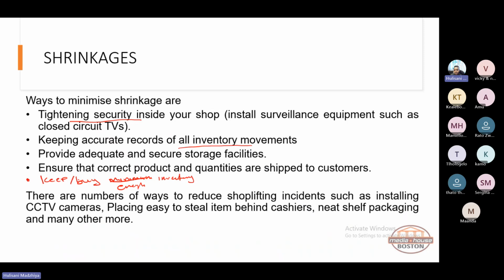So here it says that there are a number of ways to reduce shoplifting incidents, such as installing CCTV cameras, placing easy to steal items behind cages, neat shelf packaging, and many others, including buying just enough inventory and putting those, what do you call those things, the scanners at the door, so that those who steal can be found when they leave without paying.